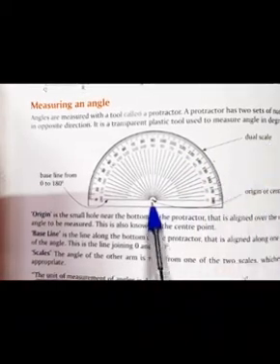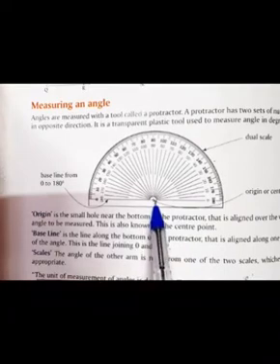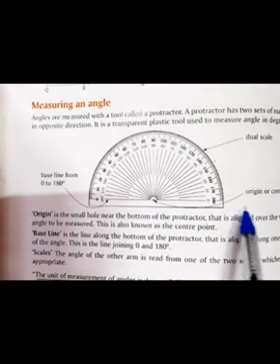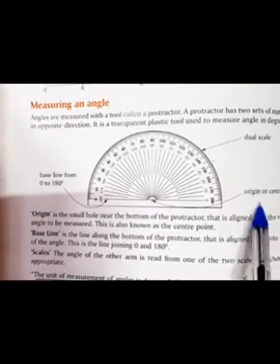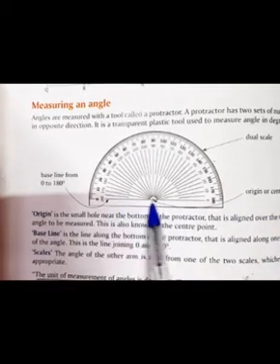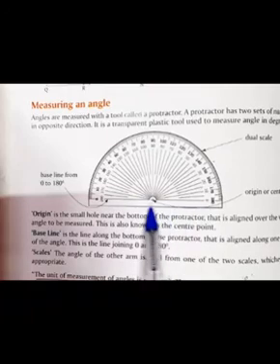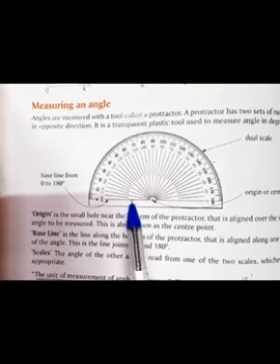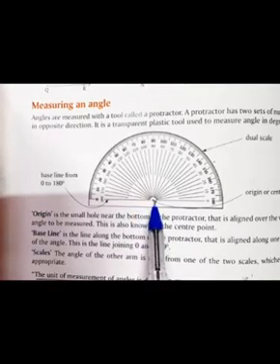Now the point in the center of your protractor is known as the origin or the center point. This line starting from 0 and going till 180 is known as the base line. Clear? Now we will understand it using our protractor.